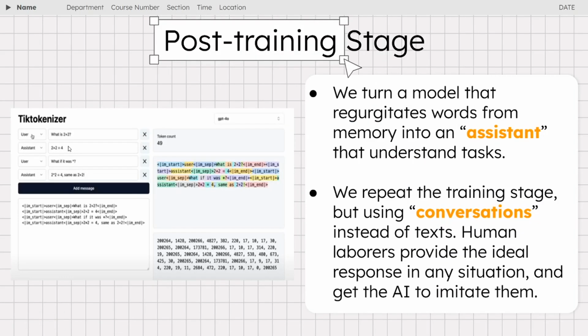So if you keep adding conversations that end in refusal, so that the assistant replies "I don't know, I don't have enough information to answer," then if you feed it a lot of these conversations, at some point the LLM will connect a certain level of uncertainty from the questions and match it up with the "I don't know" answer.